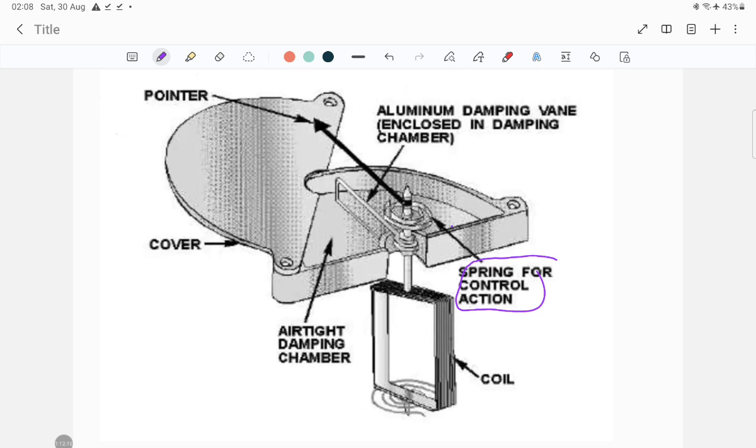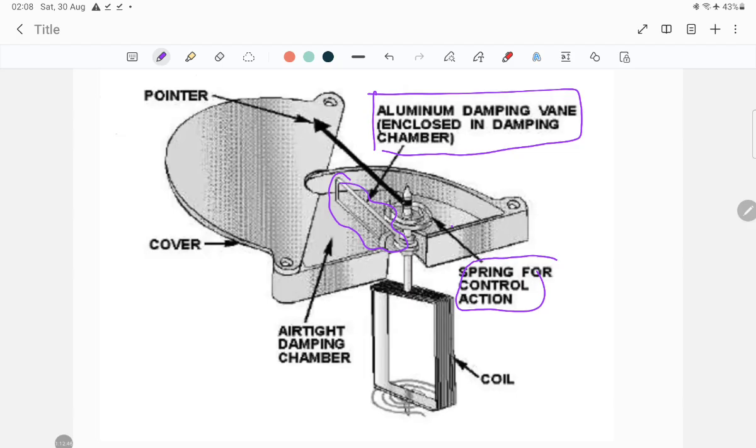So how is the mechanical damping provided to this meter? To provide the mechanical damping, they have provided an aluminum damping vane. Vane is nothing but a simple blade. You may just consider a simple blade that is connected with the pointer. So when the pointer rotates, the vane will also rotate, and this part is the vane.